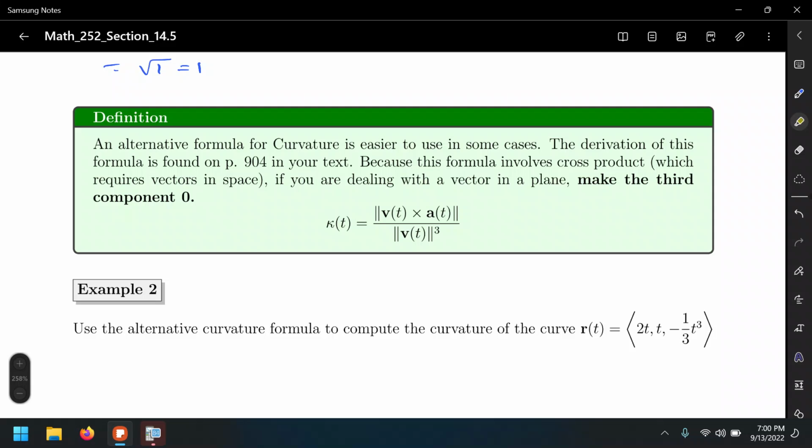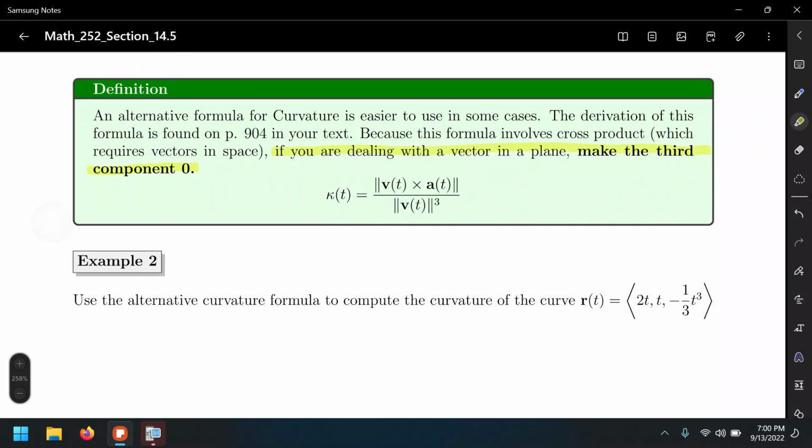So in this case, what we do is make the third component a 0. That is, we add the k component, add a 0 times k, or if we have the component form, just add a 0. All right, like in the previous example, we would have to use a 0.